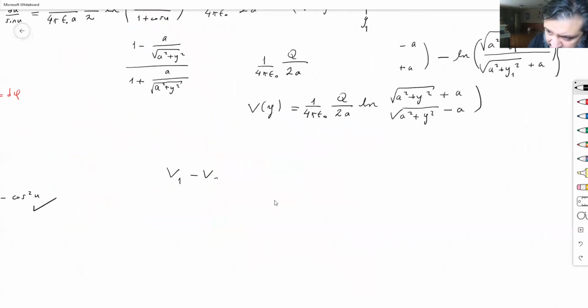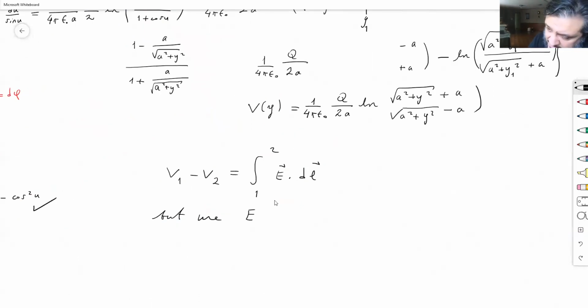V1 minus V2 is equal to the integral from point 1 to point 2 of E dot dl, but use the version of the electric field which is already calculated under the assumption that you're really close to that charge.